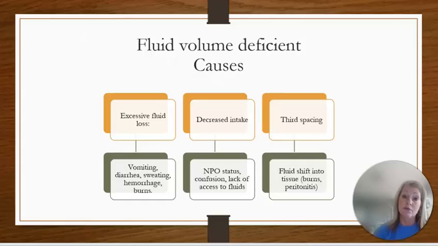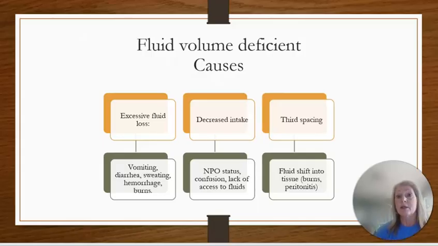Because what happens with a burn victim, somebody who's burned, sometimes that fluid can't stay in those cells. And so it comes out of those cells and it third spaces out. And so we can put all the fluid back into those individuals we want, but it's not going to stay in that space. It's going to come out because it doesn't have the skin coating to keep that fluid in.